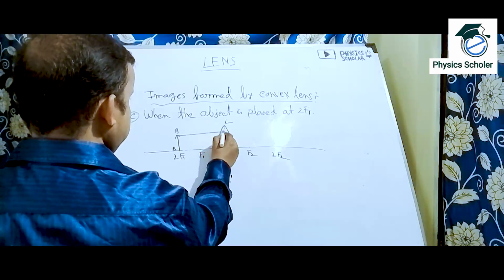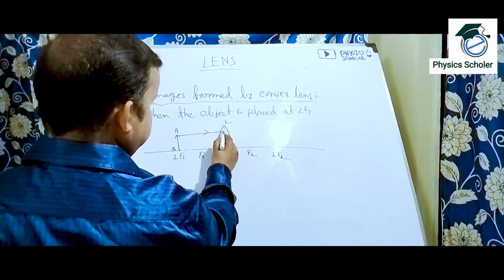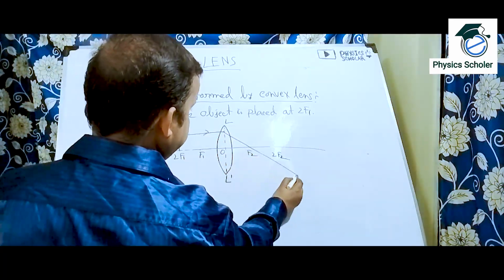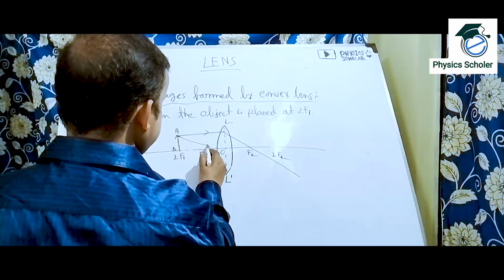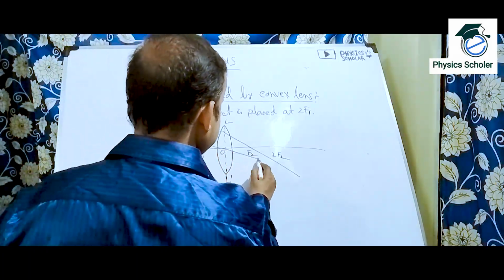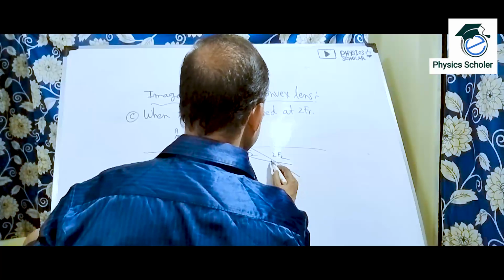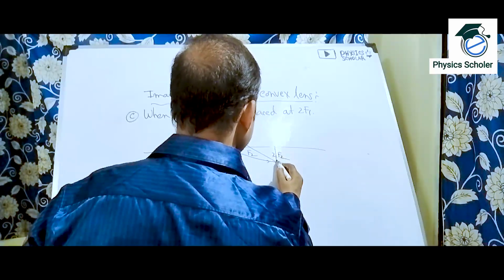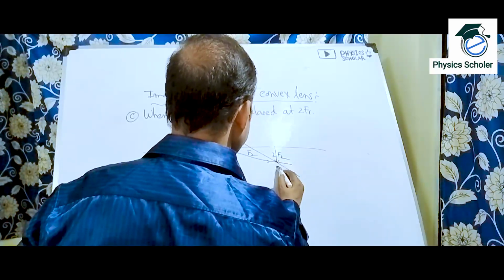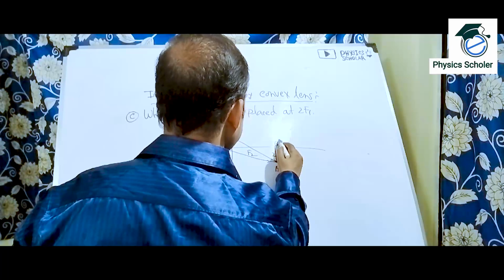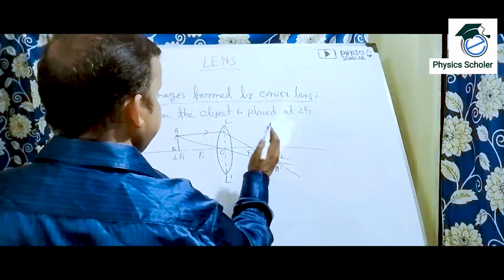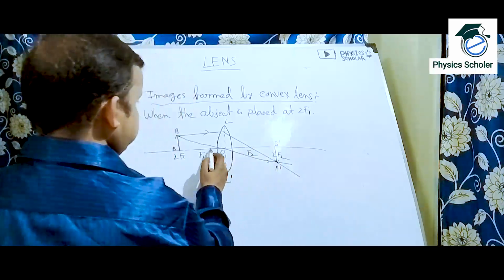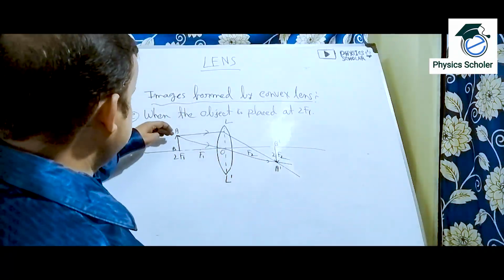So one ray will come and it will pass through the principal focus. Another ray will come like this, and they will meet here. So this will be A dash B dash, the image of the object. So see, same thing.